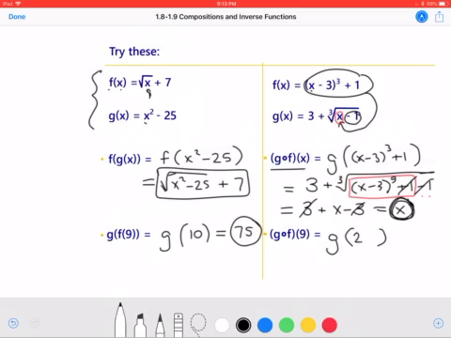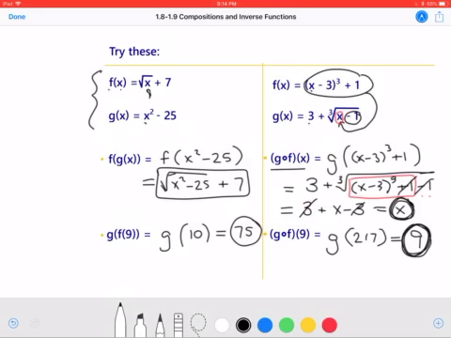So 217. And g of 217. Okay, so 217 minus 1 is 216. And if I did that right in the first place, the cube root of 216 would be that 6. And 3 plus 6 equals 9.